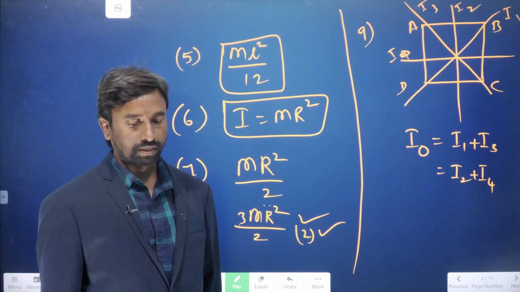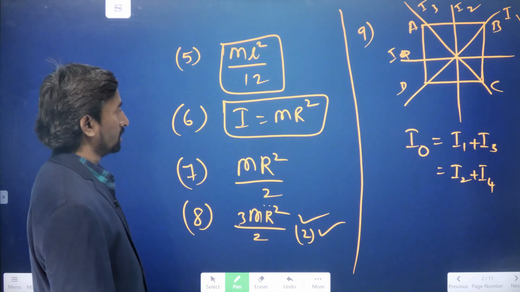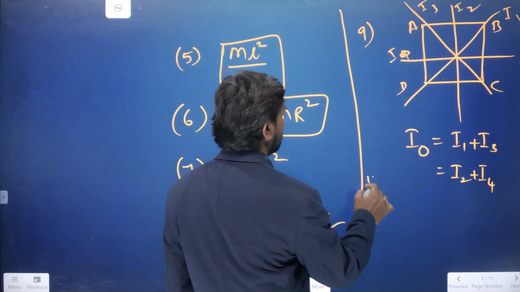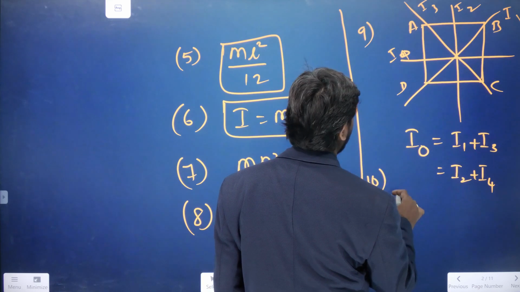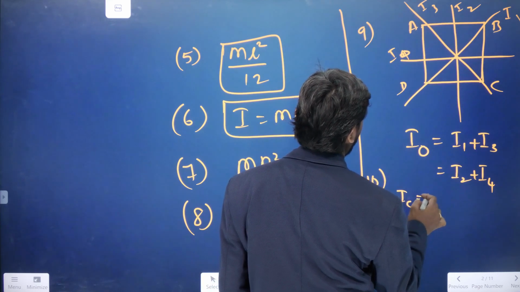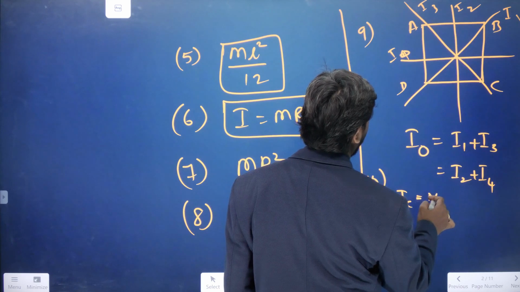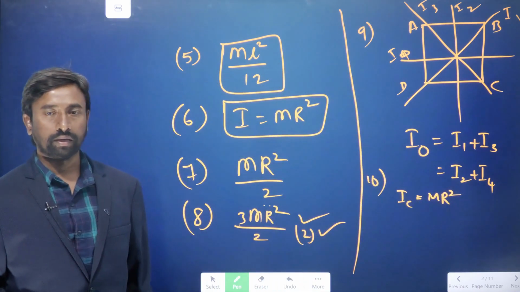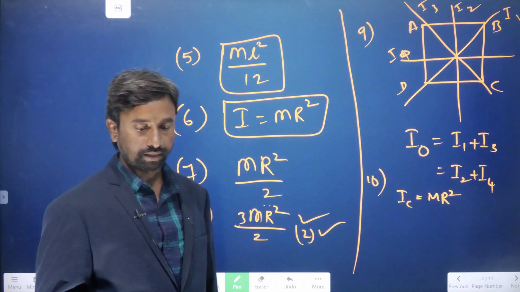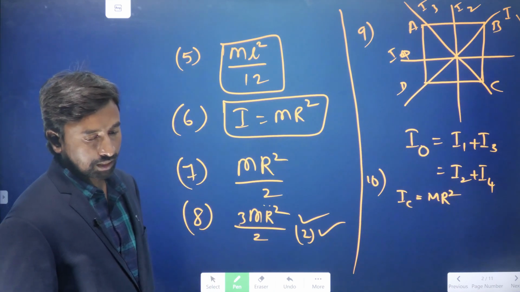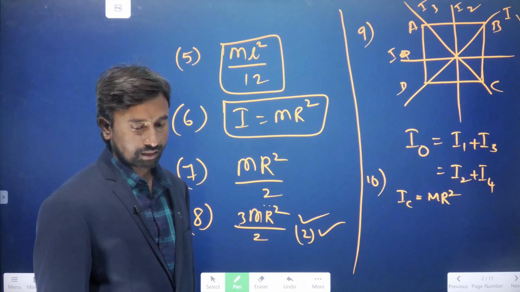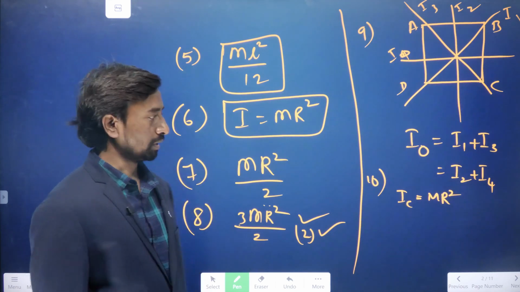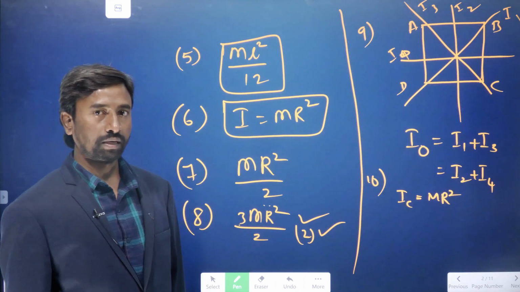About the natural axis of a circular ring, the moment of inertia is mr square. And about the diameter of the circular ring, what can we write?